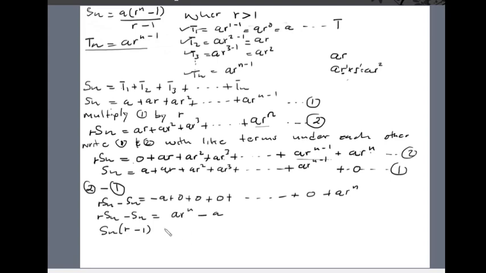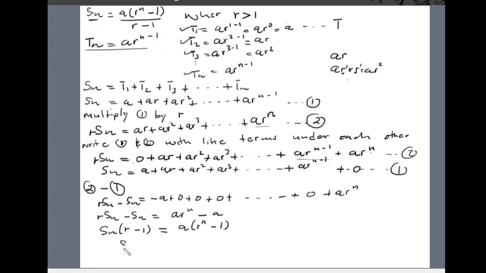I'm sure we can factorize, right? And then on the right hand side of the equation, the common factor is a. We will have a times r to the power n minus 1, right? So now we just need to divide both sides of this equation by r minus 1, because at the end of the day we are solving for Sn, right?